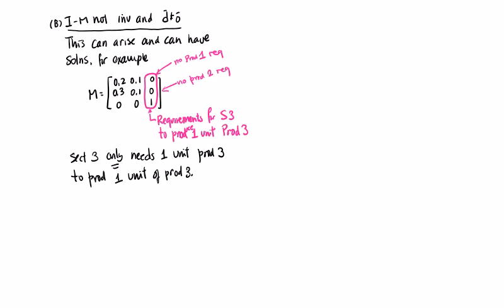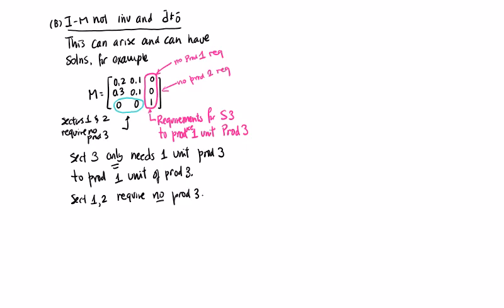Now, if we look at these other two values right here, what those are saying is that sectors 1 and 2 don't require any product 3. So sectors 1 and 2 require no product 3.